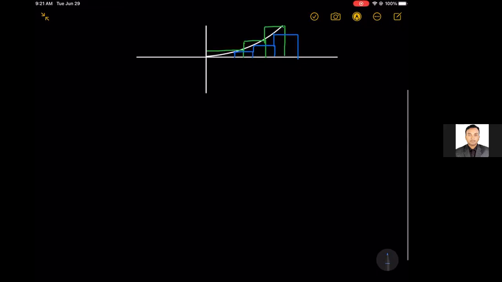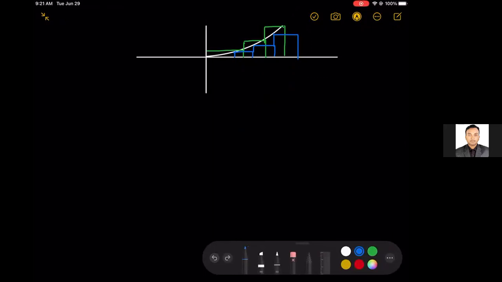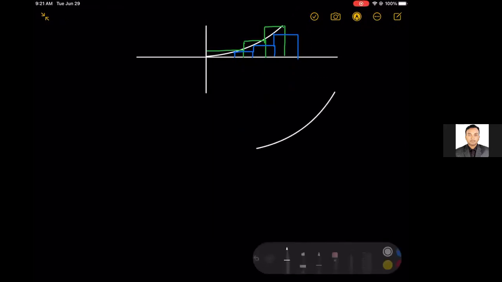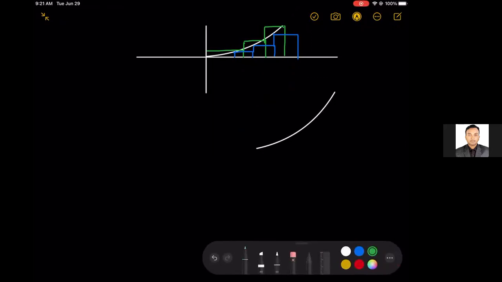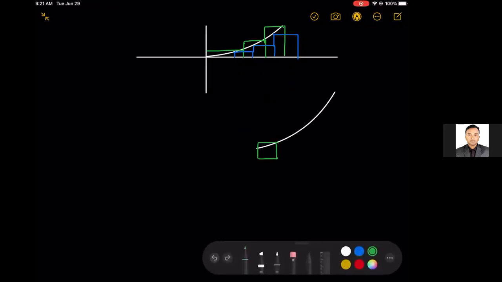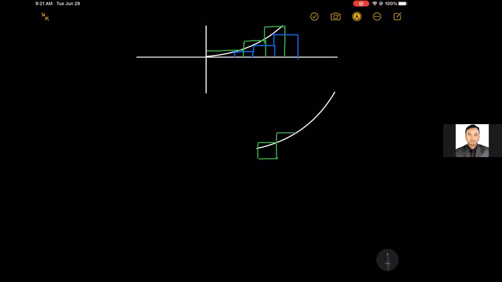If I zoom in, sorry, you'll be able to see it better. So in the first case, I went like this, right? Like this.